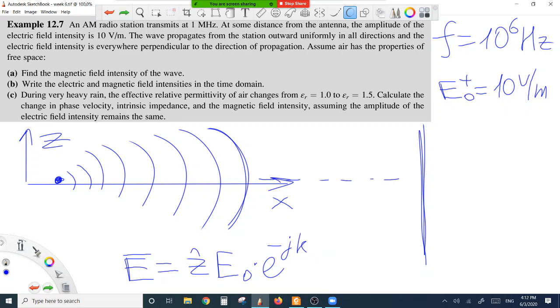Or in our case, we may put also k0, because the k0 is the intrinsic impedance of free space. So, okay, volt per meter.